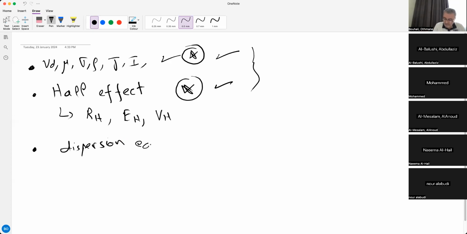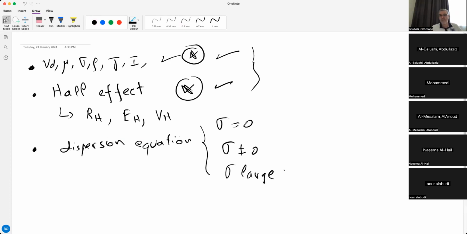It is very important to understand the meaning of the dispersion equation, as I explained in class: when there is a dielectric, when sigma is different than 0, and when sigma is very large, which means it is purely a very high conducting material. Then the real part will be very, very small compared to the imaginary part, and the wave number will be purely imaginary.